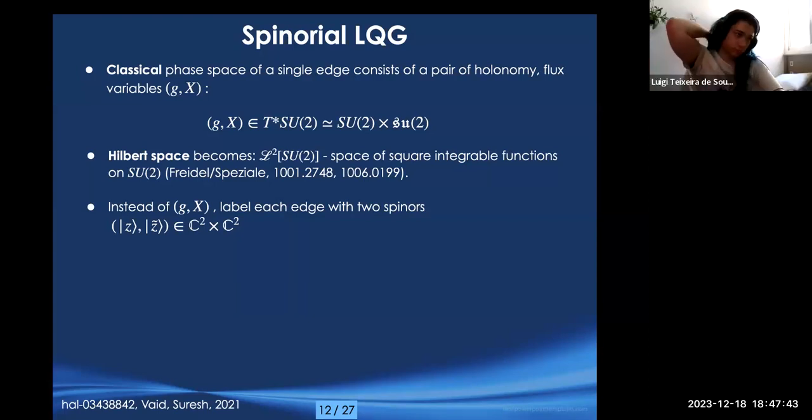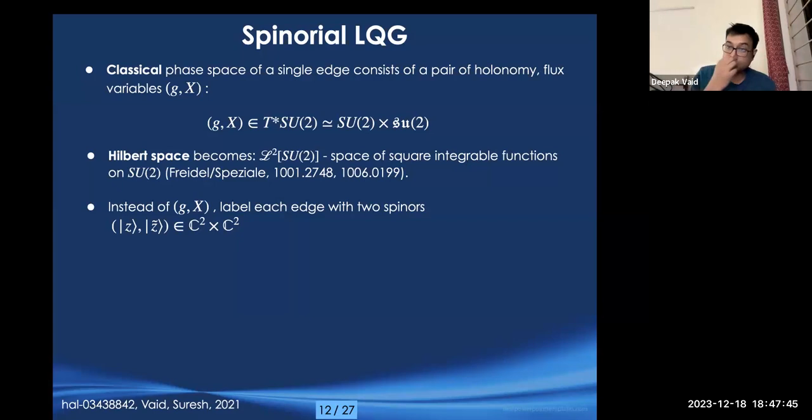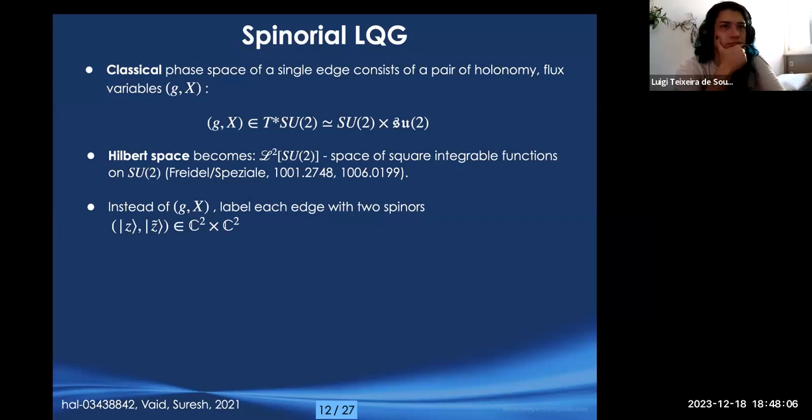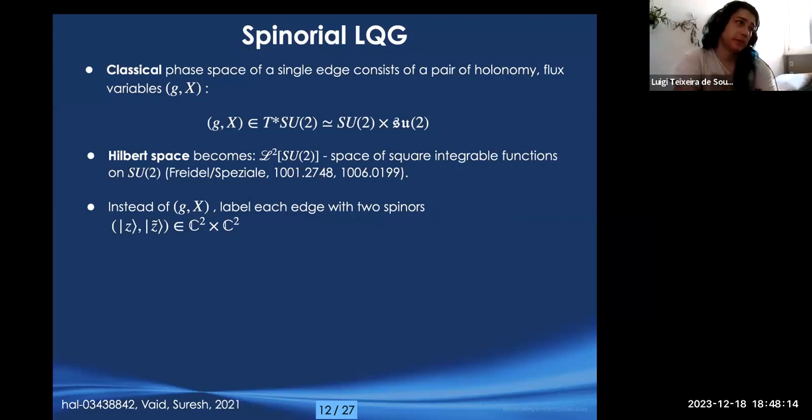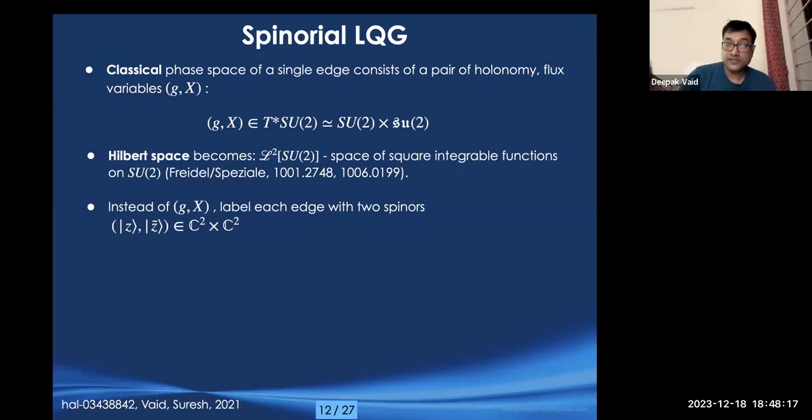Again, the logical progression: you start with the ADM metric variables, go to the ADM connection variables, then you quantize on graph states, or even before quantization, you use graph states to define your classical degrees of freedom living on those states. Those degrees of freedom are labeled by holonomies and fluxes. And those holonomies and fluxes have an equivalent description in terms of spinors.